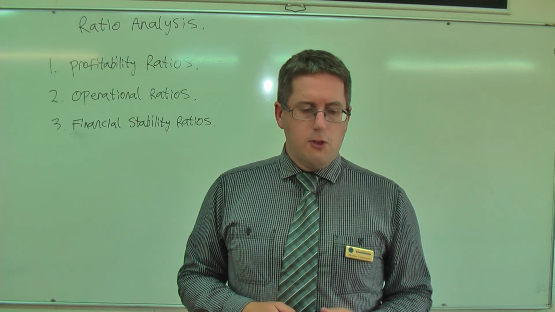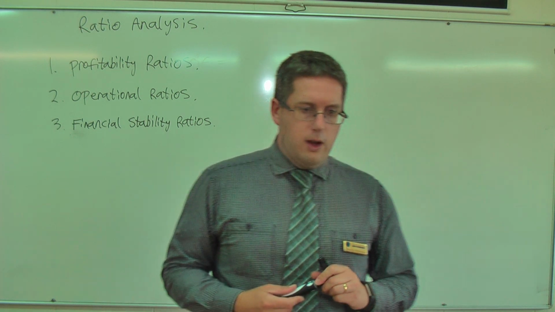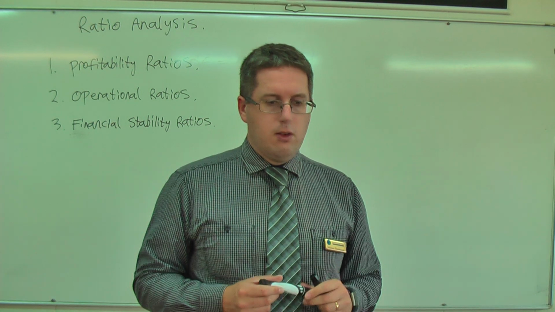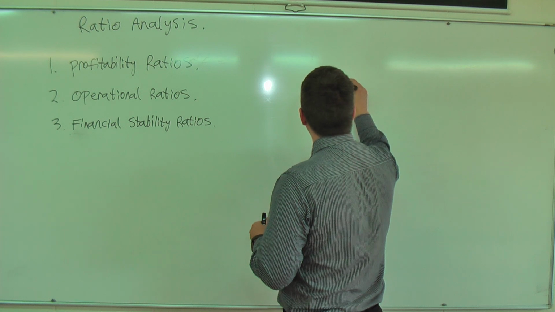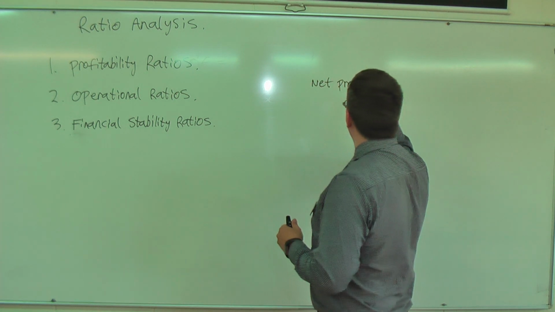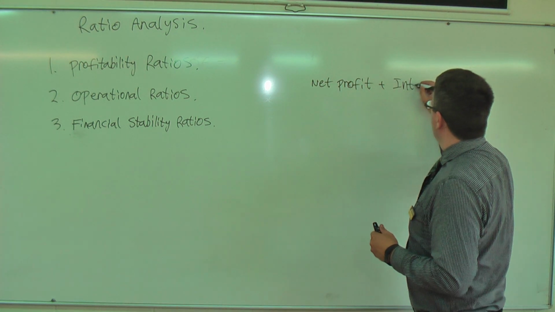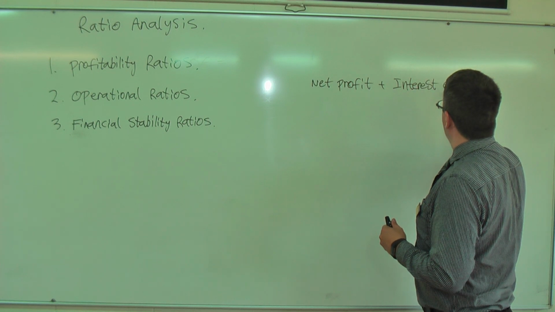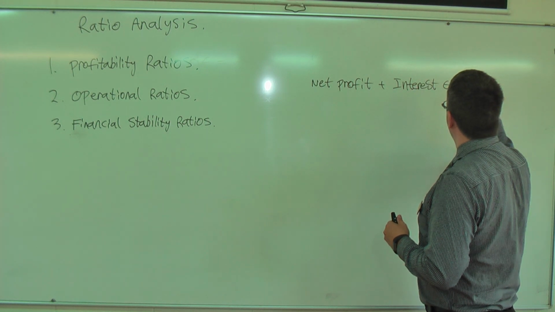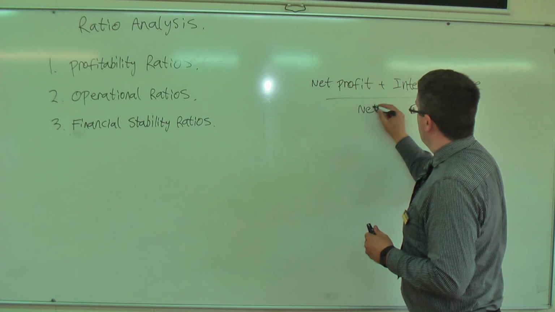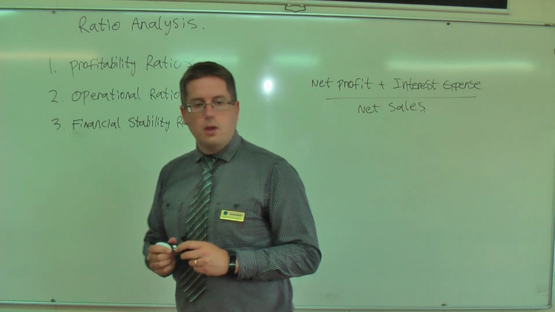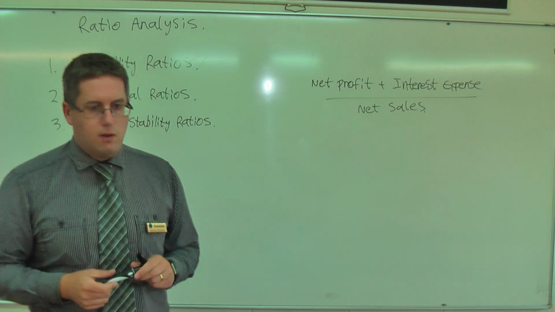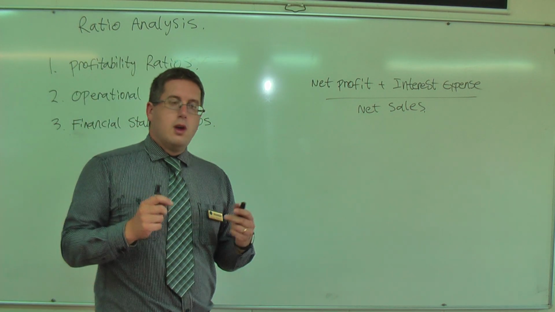So, first one there is the operating profit margin ratio. Calculated simply, take our net profit plus our interest expense divided by net sales.